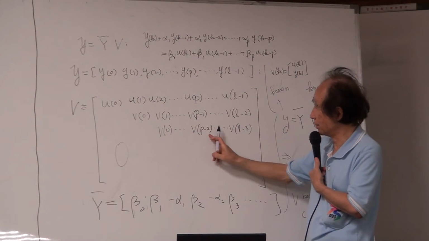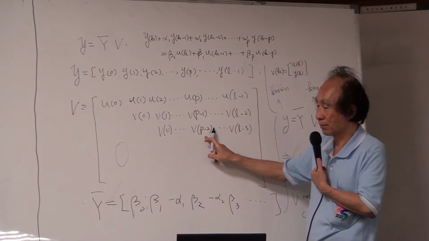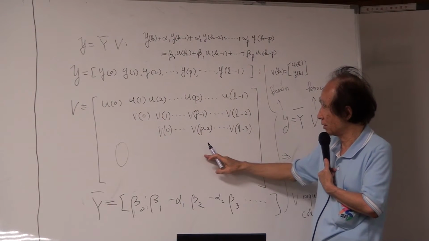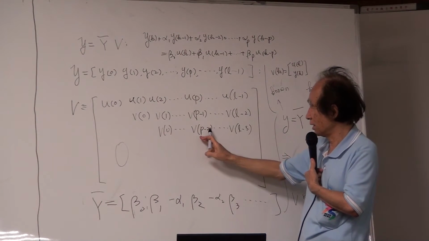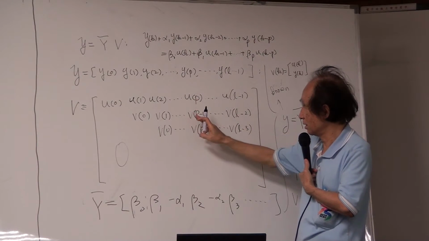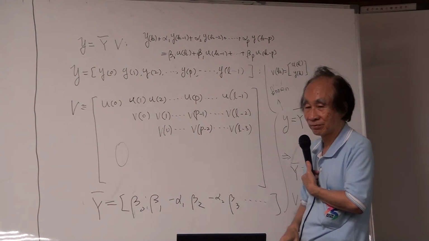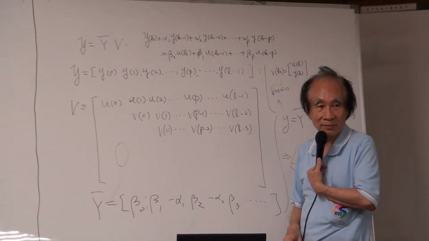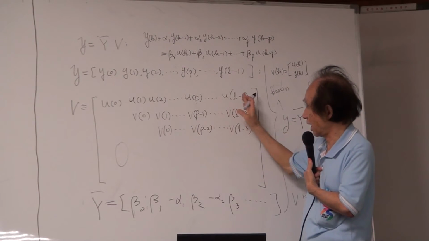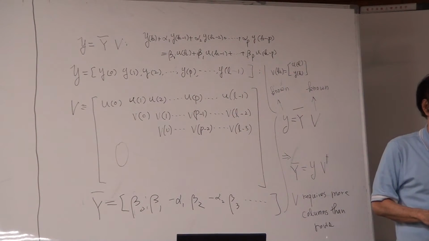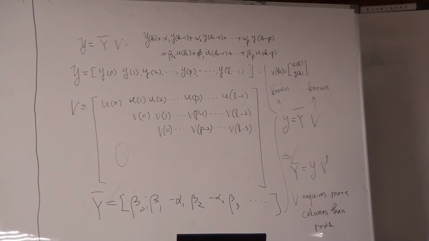That means when you pick a P, given the P, if P is 3, for example, then it's 3 minus 1, 2, 3 minus 2, 1. Depending on how many columns or how many rows I have, I need enough L. So that's why next week I need you to come, because that's a math field.